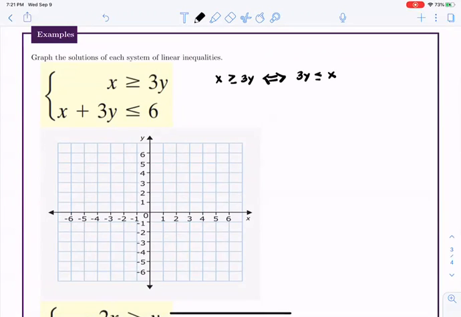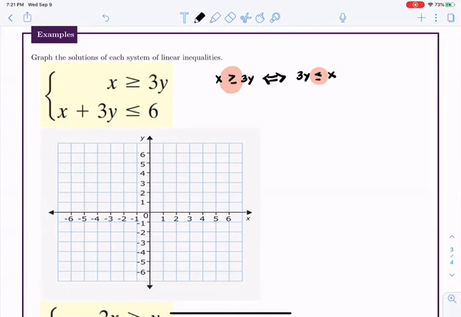Now, you may say, well, why should we write it this way? We're writing it this way so that we have the y's on the left-hand side. And if you switch the terms around with inequalities, the inequality will flip. So you've got to be careful about that part right there.